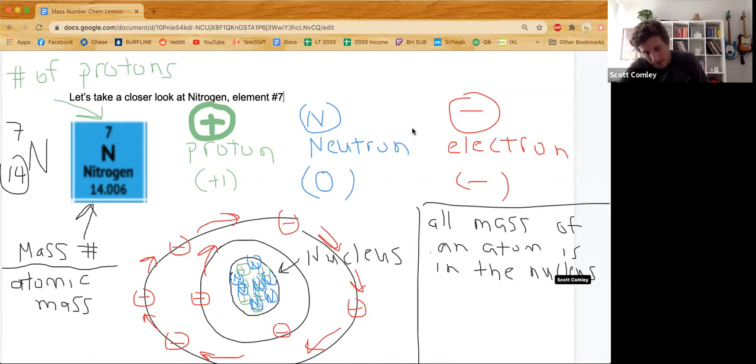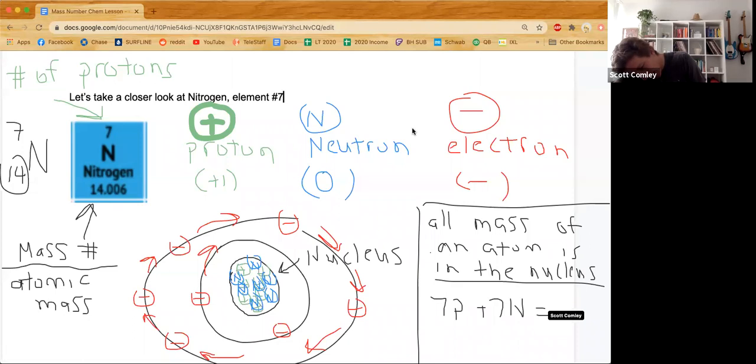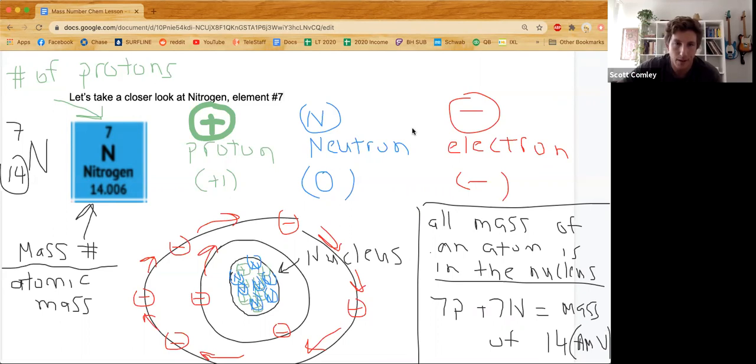So if I have 7 protons and 7 neutrons, 7 protons plus 7 neutrons gives me a mass of 14, and they call it AMU, which is atomic mass units. When I'm looking at nitrogen, the easiest way to think of it is how many protons does it have? That's always related to the atomic number, that number up top. I'm going to delete it for a second and I'll bring it back.